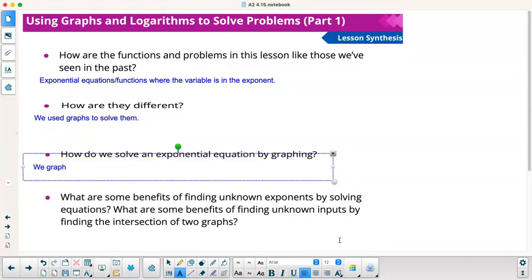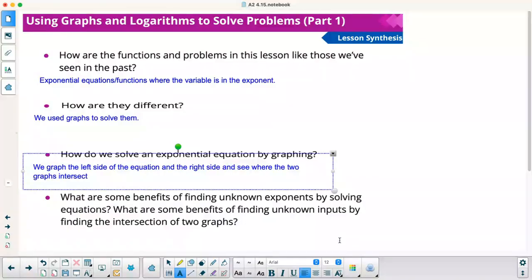We graph the left side of the equation and the right side and see where the two graphs intersect. Actually, I'm going to say we graph the left side and the right side by setting each side equal to y. And then we see where they intersect.